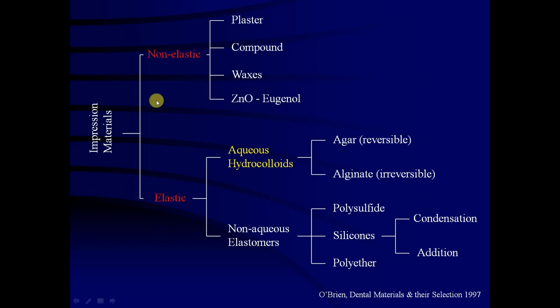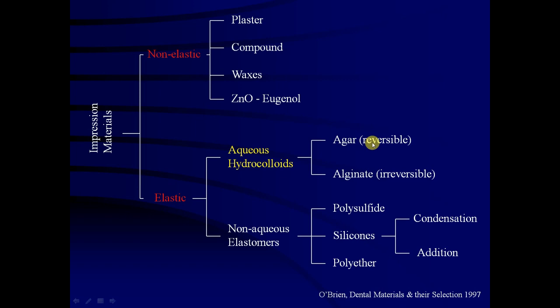So basically there are two types of impression materials, non-elastic and elastic. Non-elastic includes plasters, compound impression material, waxes, zinc oxide eugenol. Elastics include aqueous hydrocolloids, which include agar-agar, that is reversible.